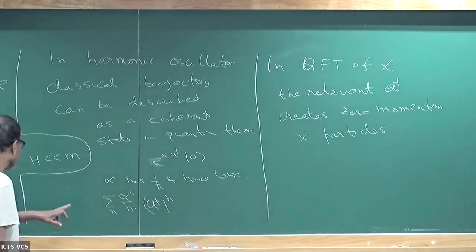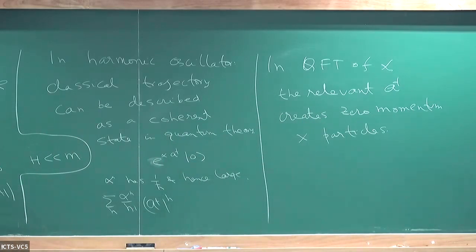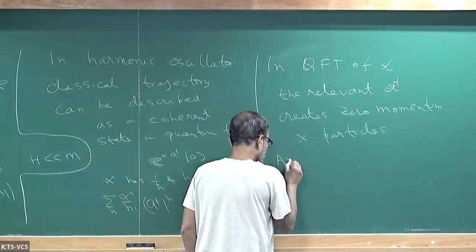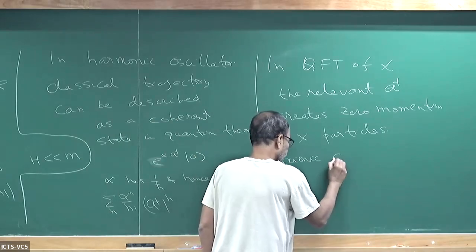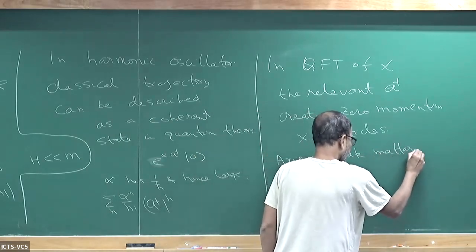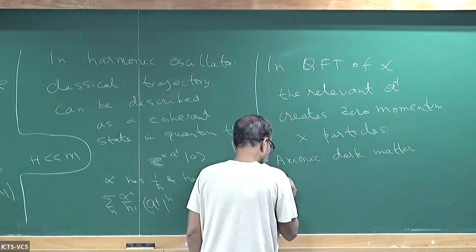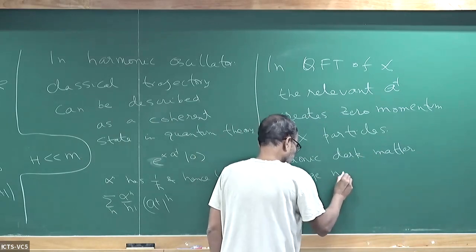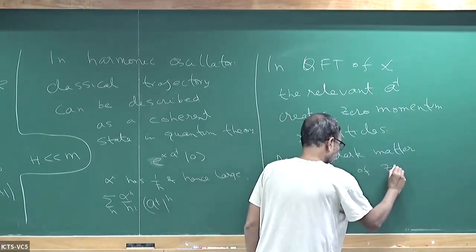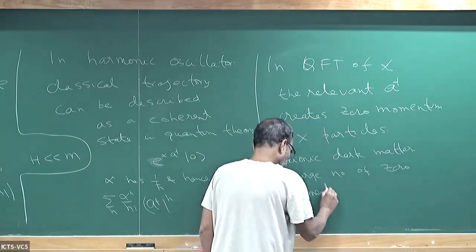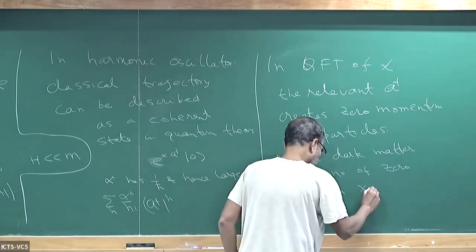So we can interpret this collective motion, this coherent motion of the chi field, as a large number of zero momentum chi particles. The axionic dark matter can also be thought of as a large number of zero momentum chi particles.